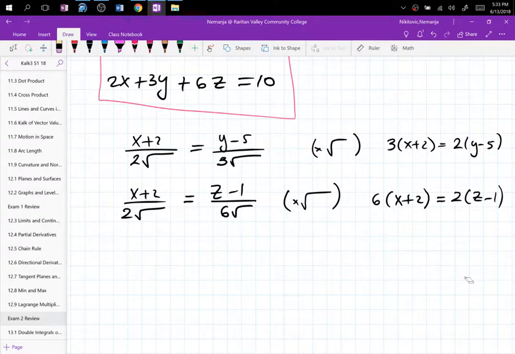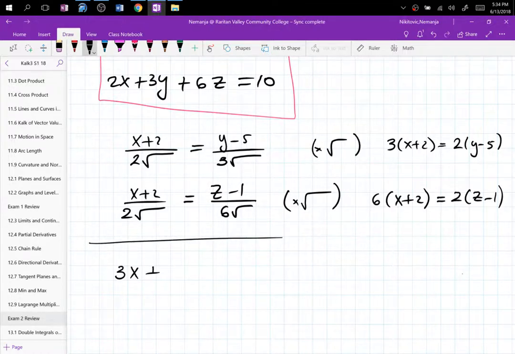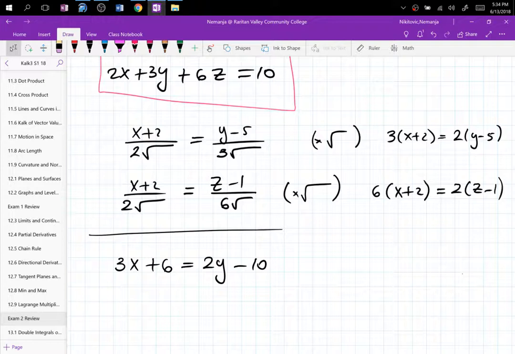All right, so what do we have? Now we have 3x plus 6 is equal to 2y minus 10, which gives me the equation 3x minus 2y is equal to negative 16.